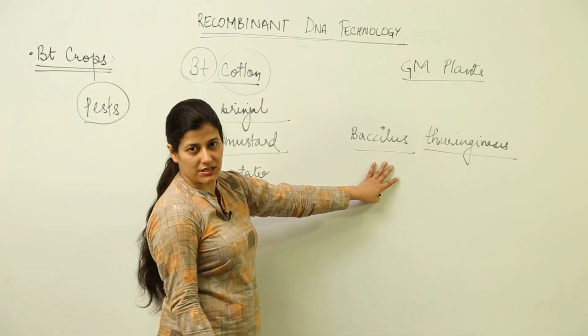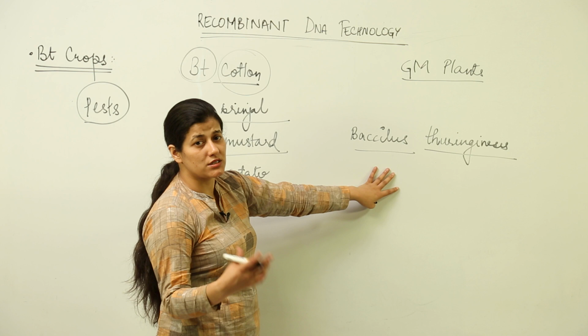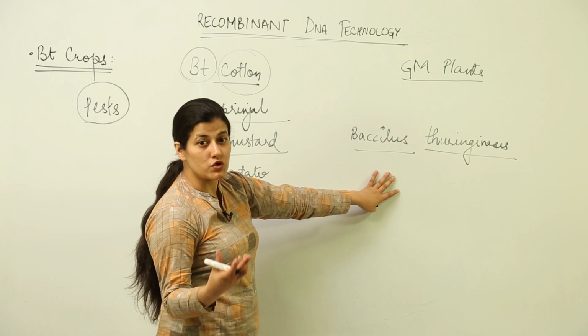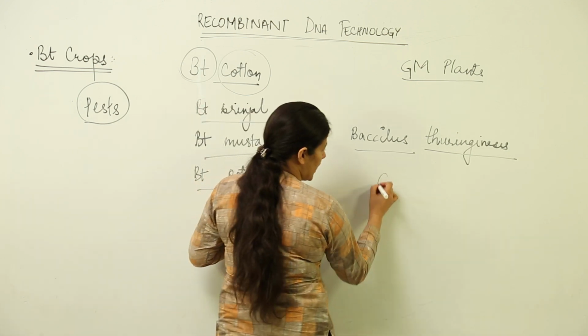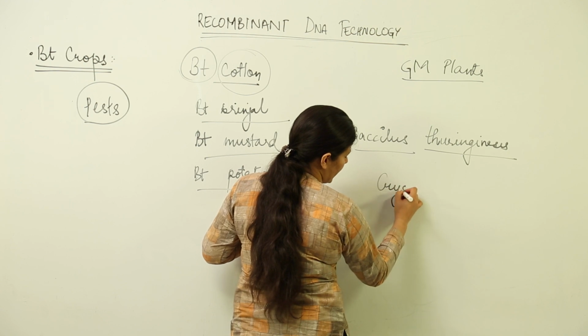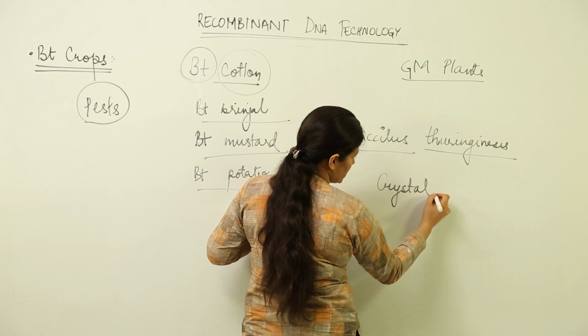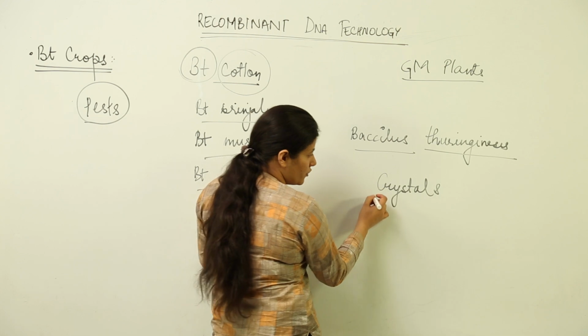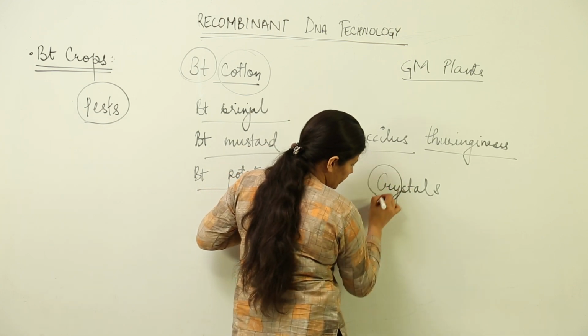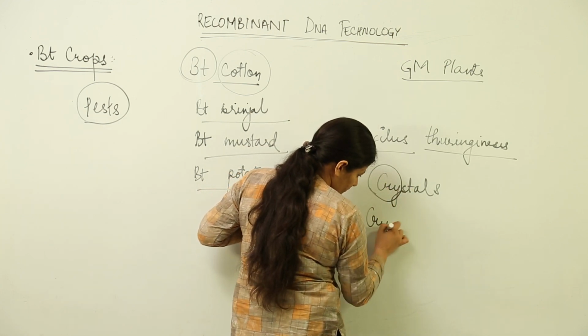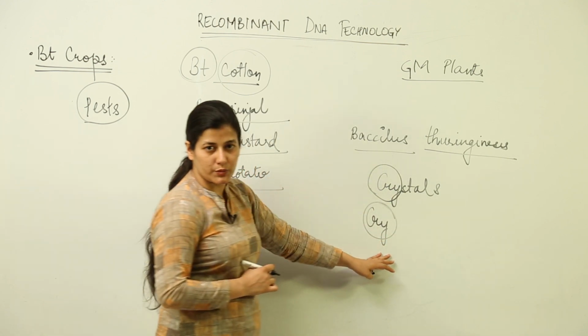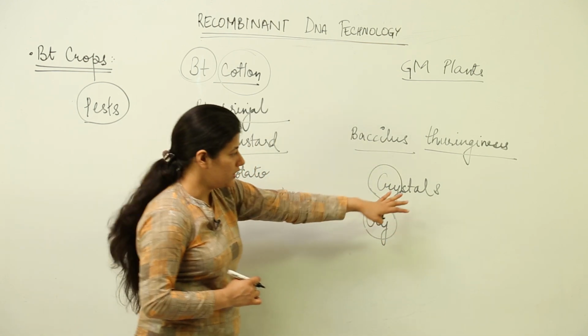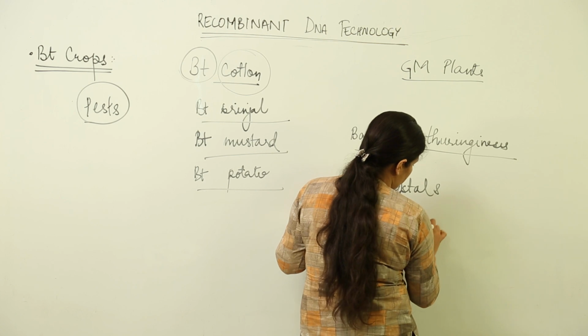This is a bacteria which produces a certain category of endotoxins. Those are endotoxins, and the category of endotoxins is crystals. From crystals we have taken the word cry. Remember this word, okay? The cry type of endotoxins.